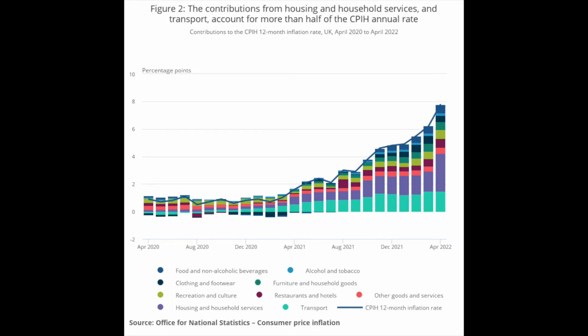So we've put a graph on your screen now, which is known as the CPIH, which is the Consumer Price Index, but more comprehensive with the addition of associated costs of housing. So it just makes a more comprehensive look at the inflationary environment that we're in.